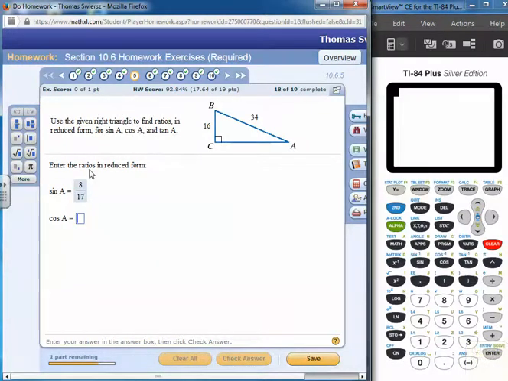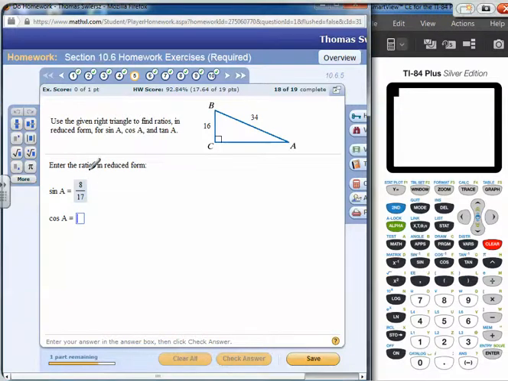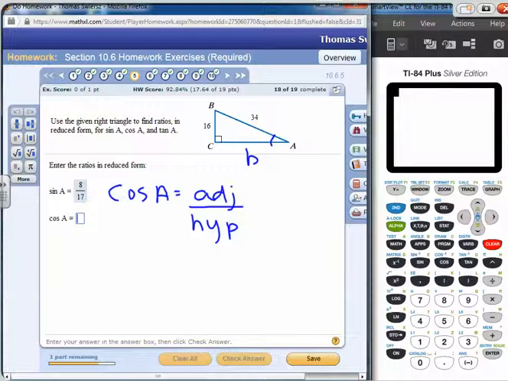Okay, cosine of angle A equals the side adjacent over the hypotenuse. Notice we are missing the side adjacent here. We call it B, we're missing it. Now this is a right triangle, so we can use the Pythagorean theorem to get the length of side B. So it's the hypotenuse squared, 34 squared, is equal to one leg squared plus the other leg squared.